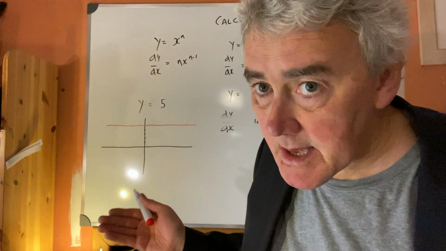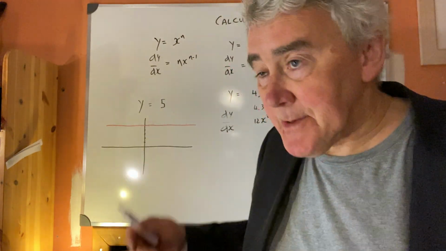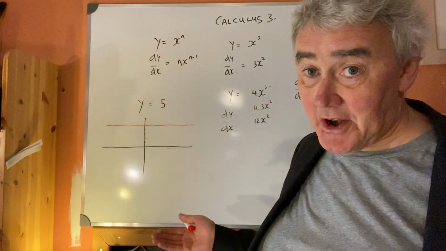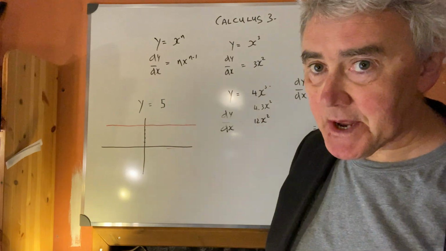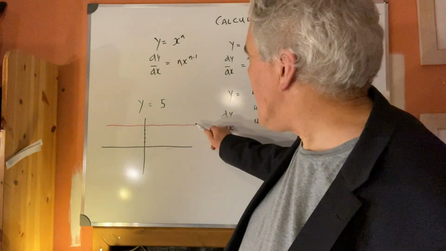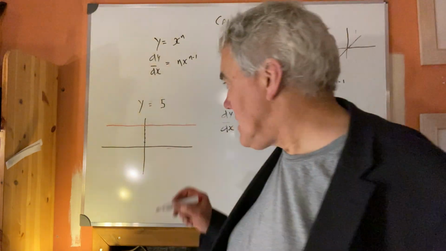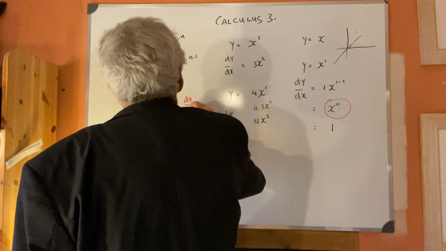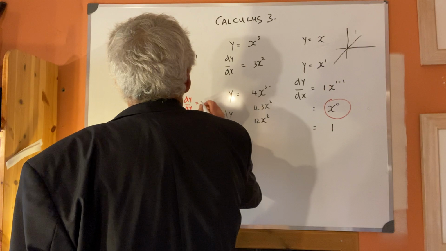Basically the slope of that is 0 because it's flat. It's parallel to the x-axis, which is our definition of flat ground in this scenario. And y equal to 5 implies dy/dx equal to 0.